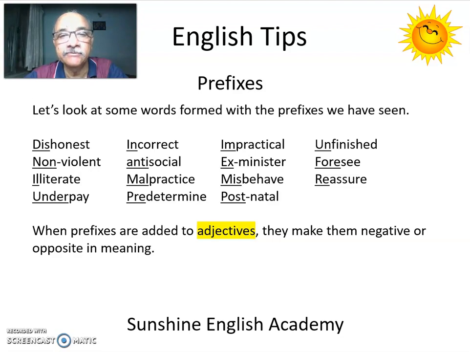Correct is an adjective, incorrect is opposite. Practical, again an adjective. Impractical is the opposite of practical. Finished is again an adjective. Unfinished is the opposite of finished. Non-violent, yes, it's an adjective. It's the opposite of violent. Antisocial is also an adjective. It's the opposite of social.